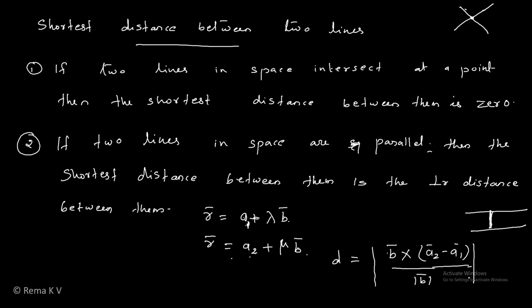This is the formula we have to use here. The shortest distance is denoted by d, and this is equal to, common vector here is vector b, b cross a2 minus a1 divided by modulus of vector b.